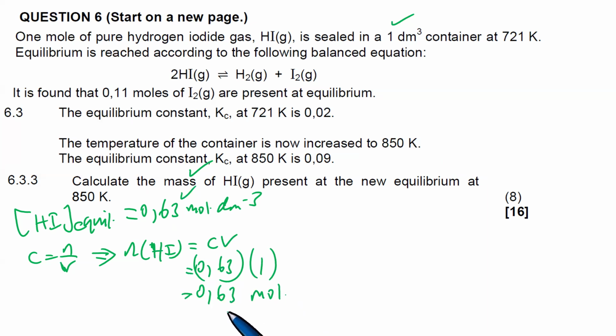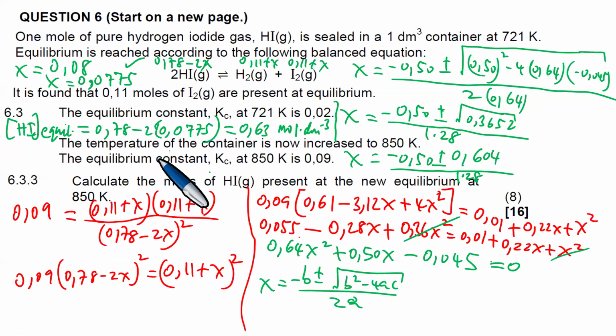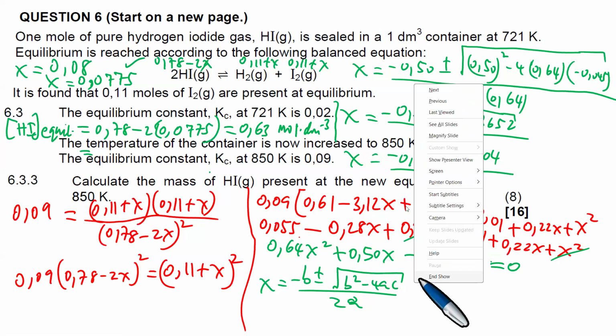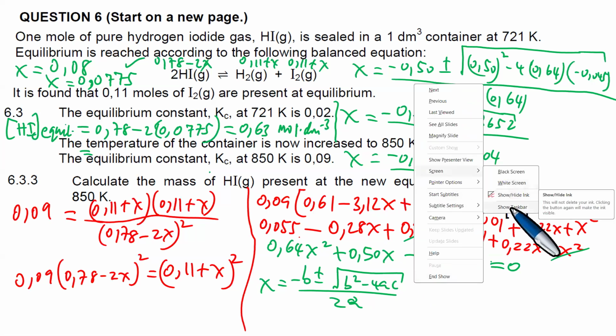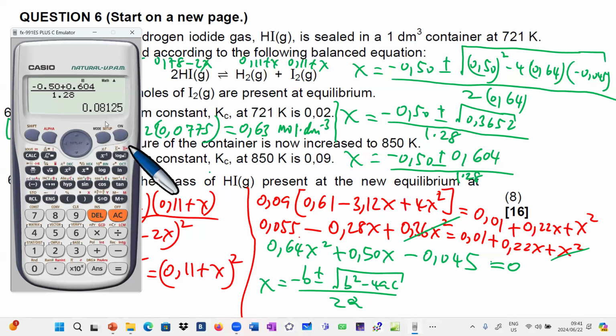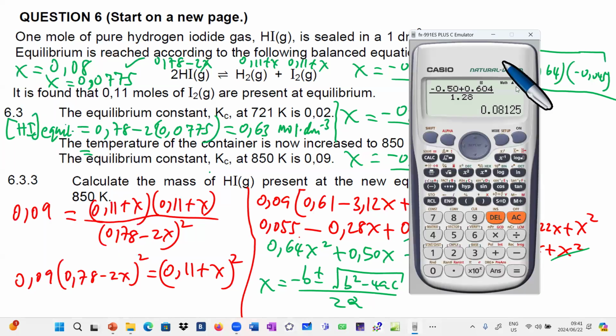But if you do it very accurately, you're able to get that this is 0.63. Just going to mention, if you do it very carefully, 0.78 minus 2 times that, I can show something more practical than just the calculator, where these answers are coming from.